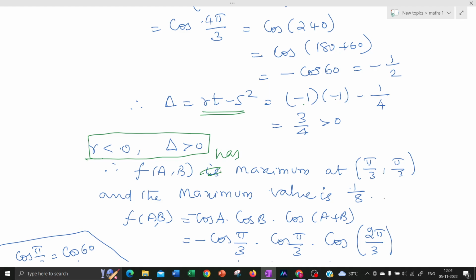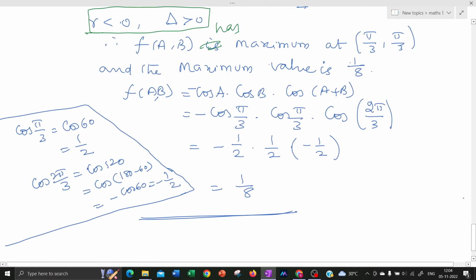So what is the maximum value here? That is 1 by 8. How can you get that? You have to substitute pi by 3 and pi by 3 in f of a comma b. What is f of a comma b? Minus cos a cos b cos of a plus b. That means you have to substitute cos pi by 3. A is pi by 3, b also pi by 3 here. Substituting a plus b, that means 2 pi by 3.